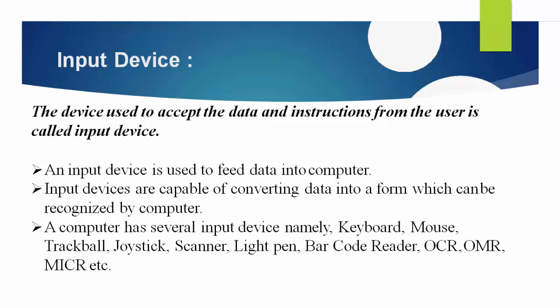Input devices are capable of converting data into a form which can be recognized by the computer. The input device converts one form to another form. Now I am giving the input as 2 plus 3. This is only understood by human beings; the computer cannot understand what kind of data it is. So the input device converts it into machine level language.